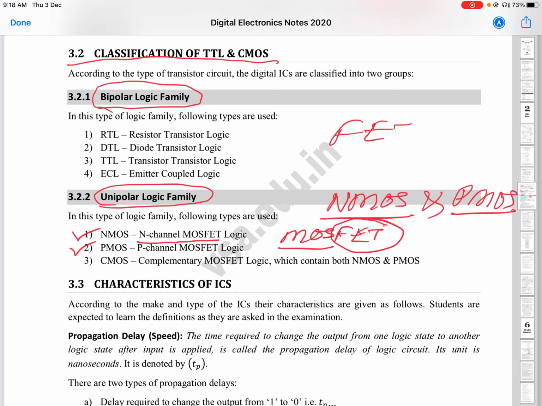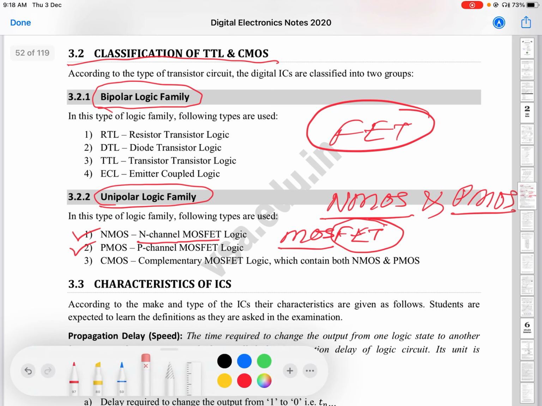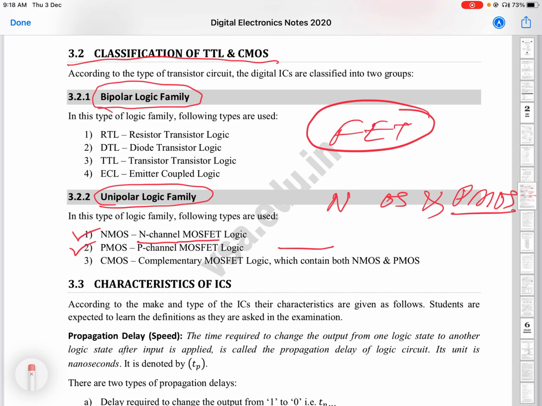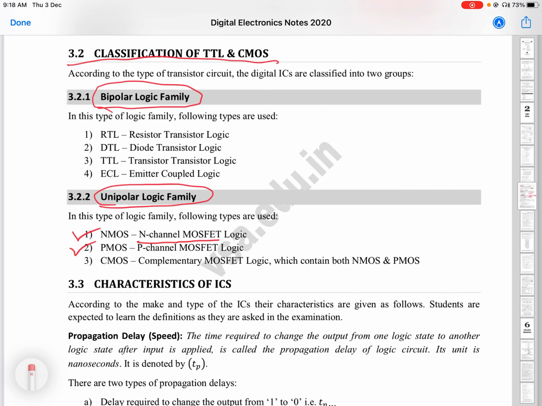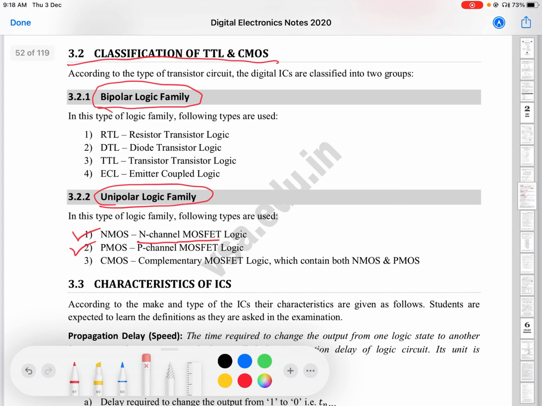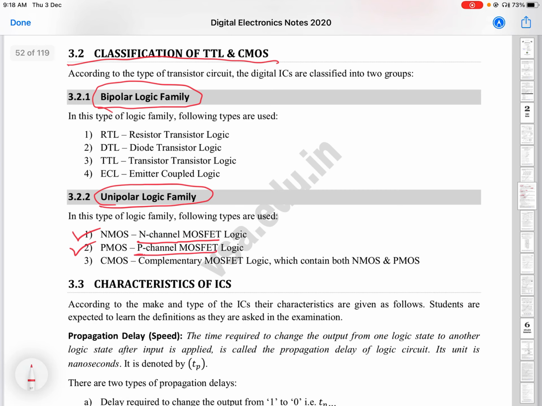FET is field effect transistor. So again I am telling you that it is not at all necessary to remember the long forms of these transistor names. Only you have to concentrate on the important properties, the NMOS and the PMOS.